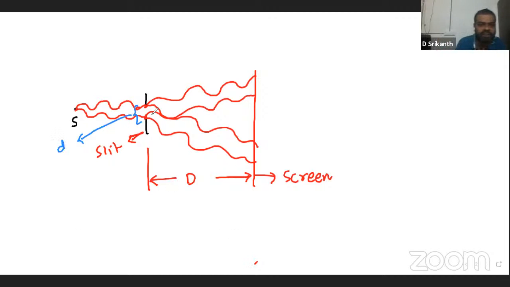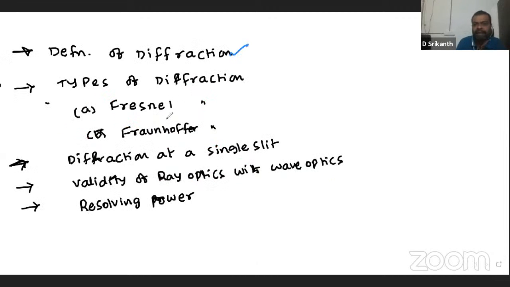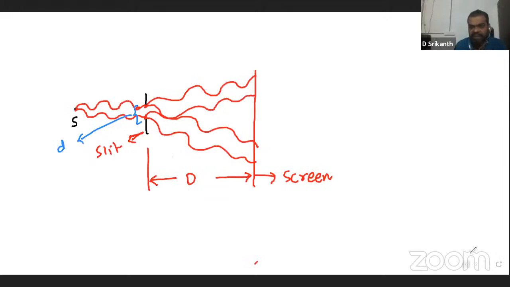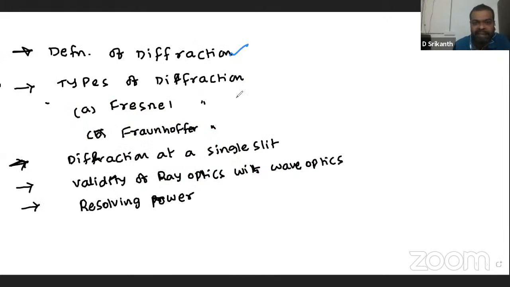This slit distance will be comparable with the wavelength of light. That is my definition. Coming to the types of diffraction, based upon the slit and screen: if the slit and screen are placed at finite distances, we call it Fresnel diffraction.